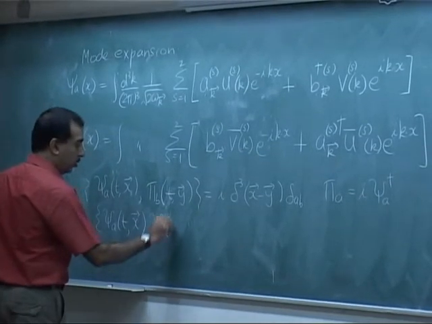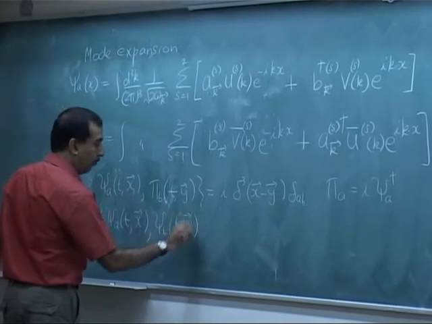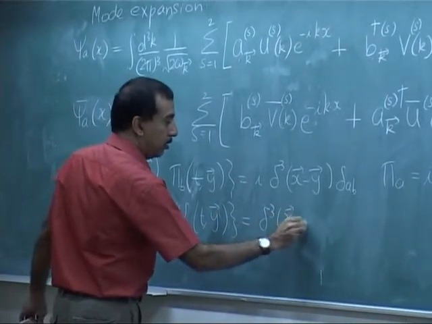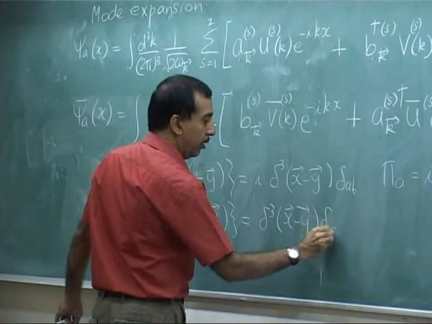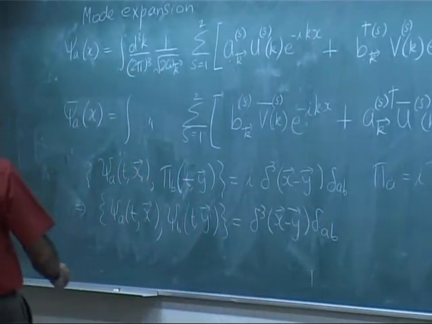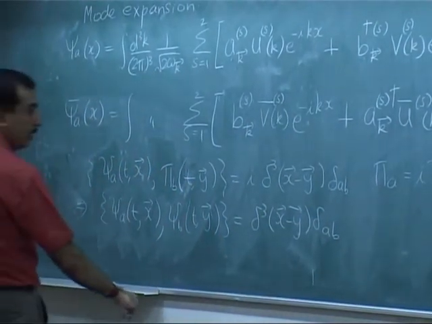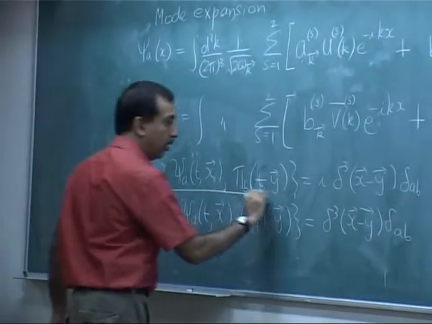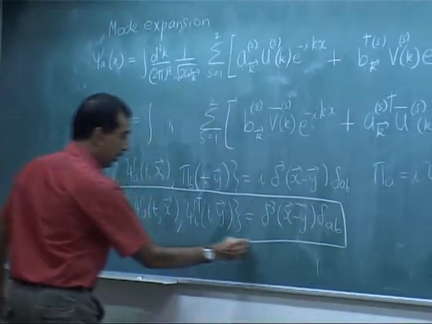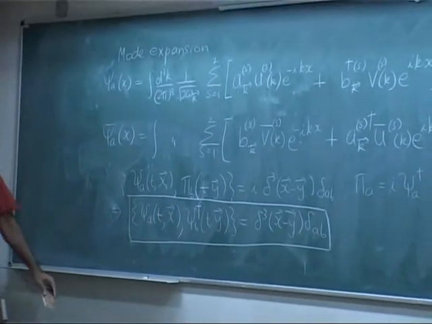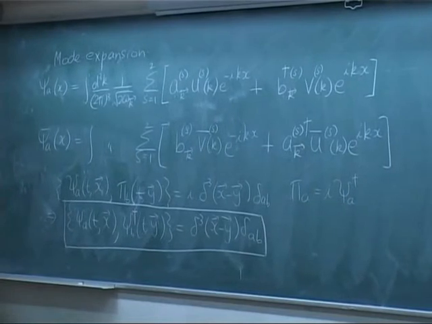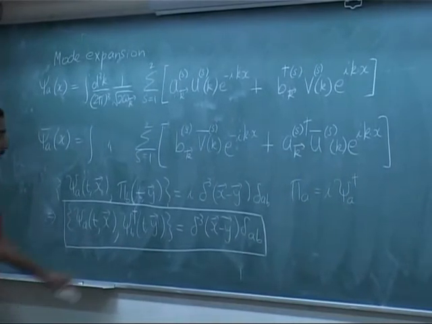Anyway, so the anti-commutator of psi_B(t,y) with psi_A dagger is delta^3(x minus y) delta_AB, and now there's a dagger in one of these, since pi is psi dagger. So this is the anti-commutation relation for the spinor field. Why has the i dropped out?